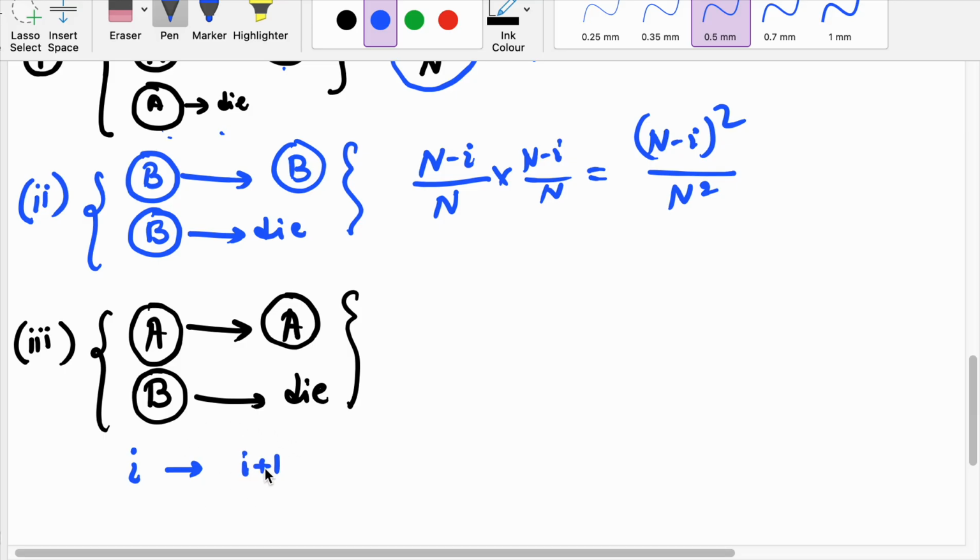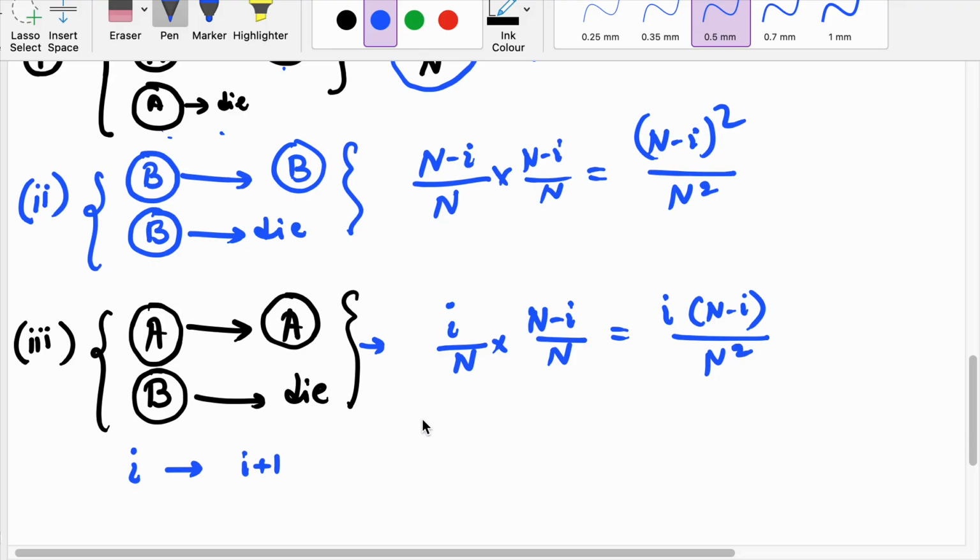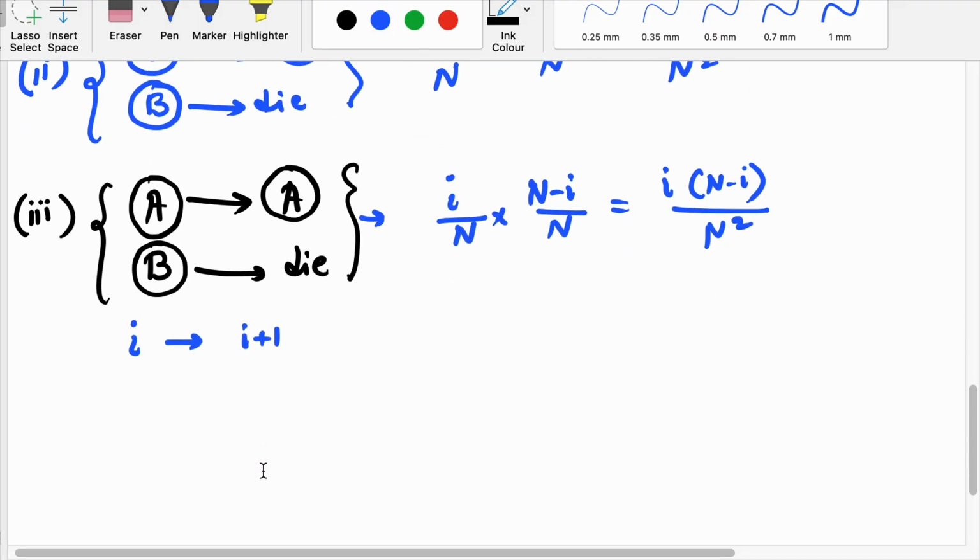So in the population now, my total number of A type individuals will be I plus 1. So this will happen with what probability? I have to pick one A and I have to pick one B to die. So this will be my probability, I into (n minus I) by n square. Now in the population, one A type individual will increase.